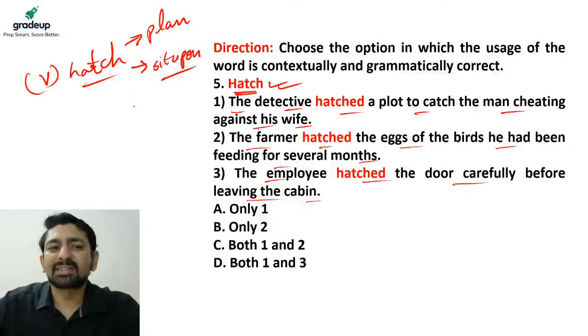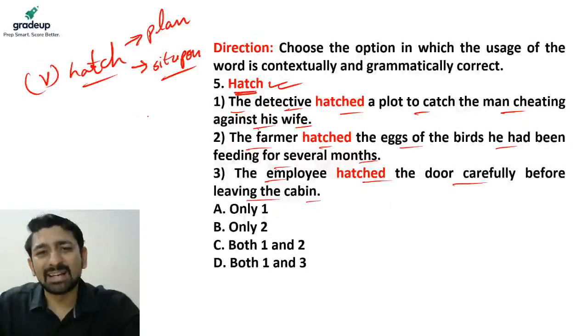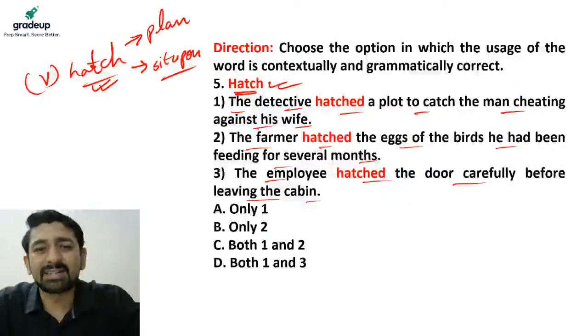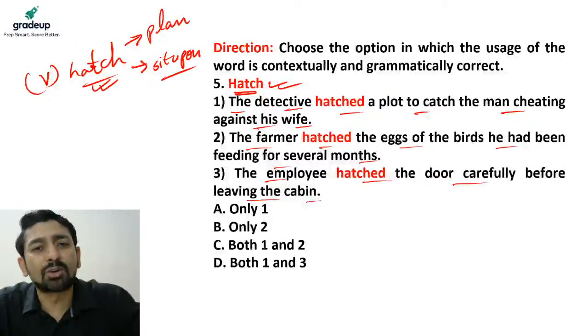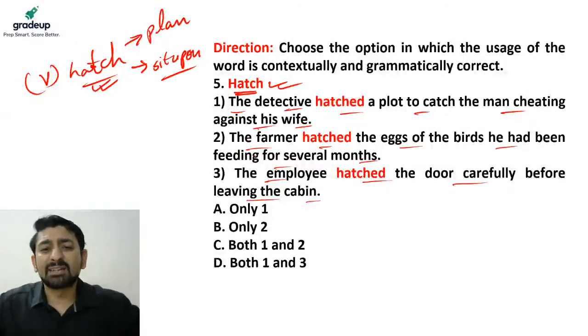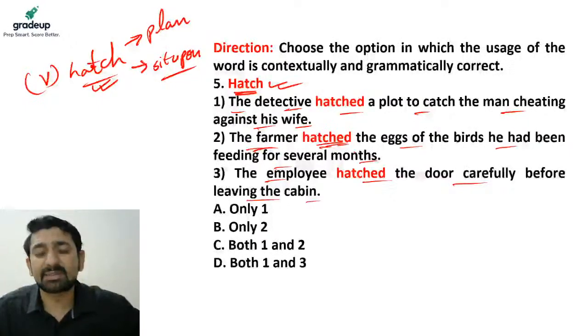Okay, so that is like the hen hatches the eggs. The hen hatches the eggs. Hatch is the process of the birds sitting upon those eggs and keeping them warm in order to enable its young ones to come out of the eggs. So if you say the farmer hatched the eggs.